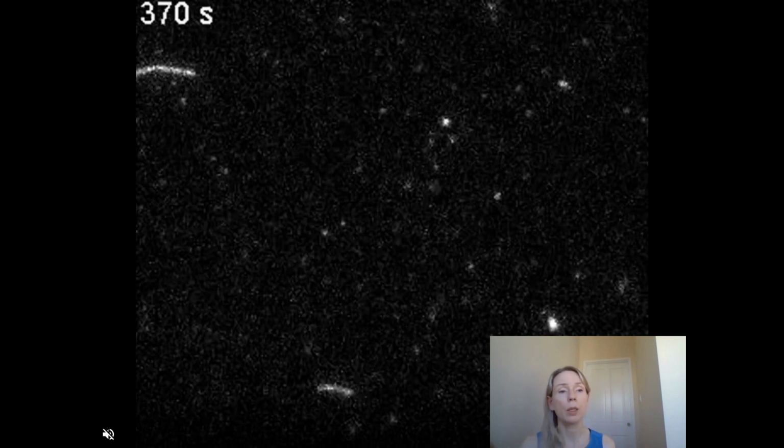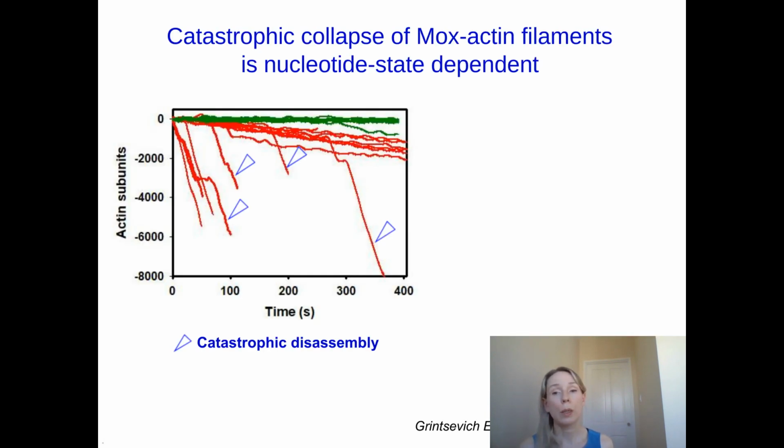So now I can use these movies to quantify how fast those filaments depolymerize. Over here, you can see on the slide the quantification of such data. You can see those green and red traces, which correspond to oxidized and unoxidized actin. Unoxidized is in green, oxidized is in red.